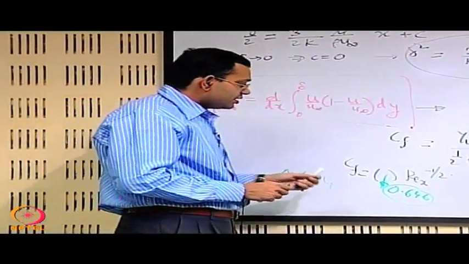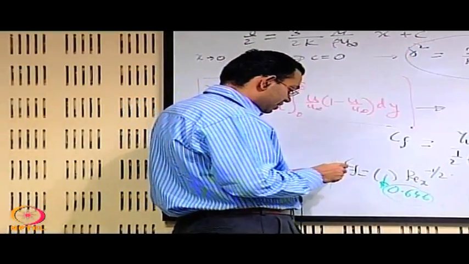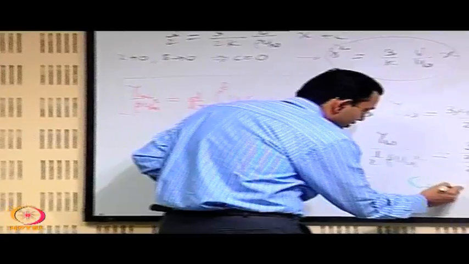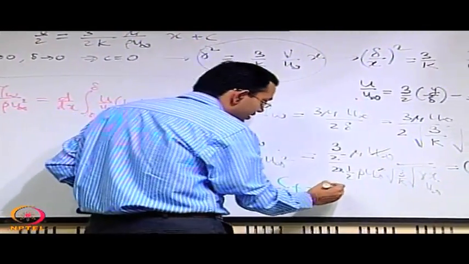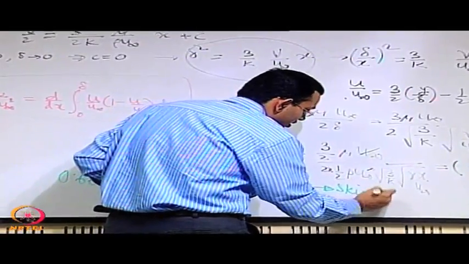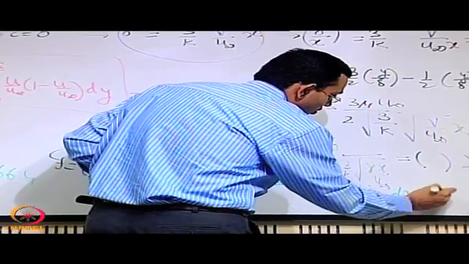So this is sometimes called the skin friction coefficient. Sometimes this is given with a subscript x, so Cf with subscript x, as a function of x, and the name of this is known as skin friction drag coefficient. Why is it so?